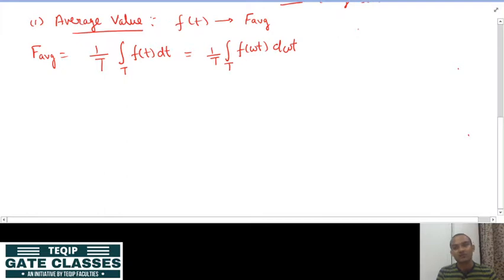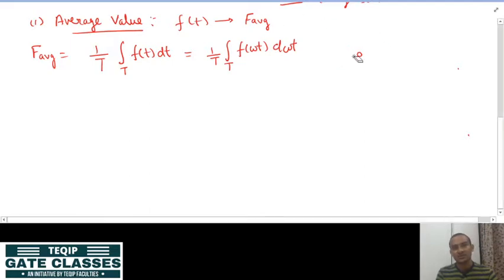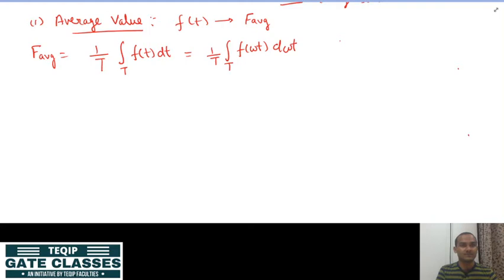In some books you might have seen they write 0 to T. I have purposefully not written 0 to T, because it is not necessary that every time you take the limits from 0 to T. Let us take an example which will make the concept very clear.